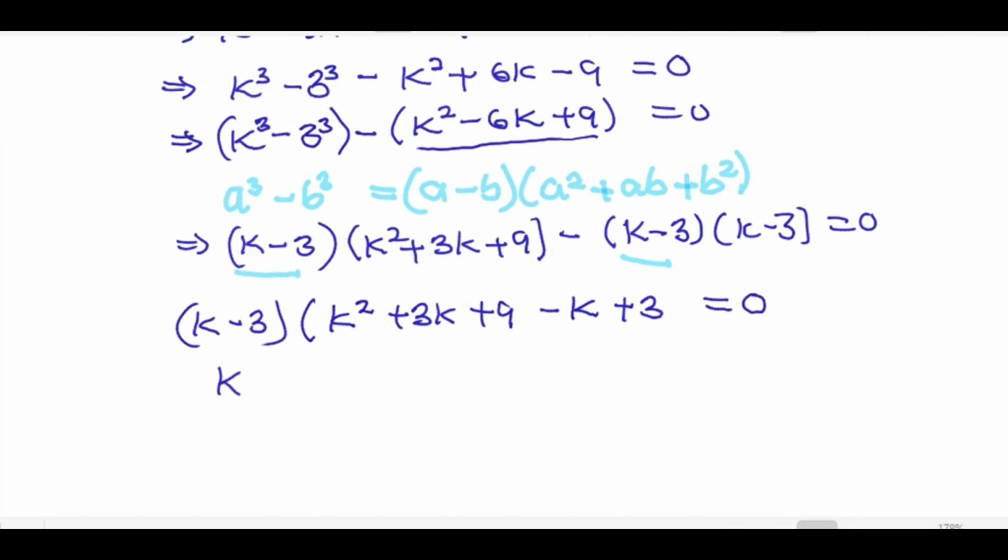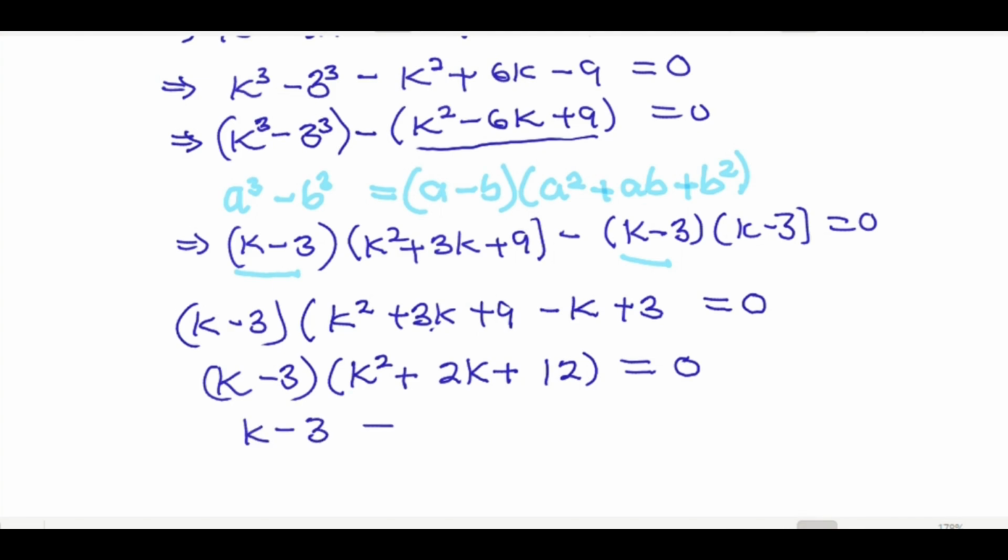So here we have k minus 3 multiplied by k squared plus 3k minus k, which gives us 2k, plus 9 plus 3, which gives us 12, and that equals 0. So we have here k minus 3 is equal to 0, or k squared plus 2k plus 12 equals 0.